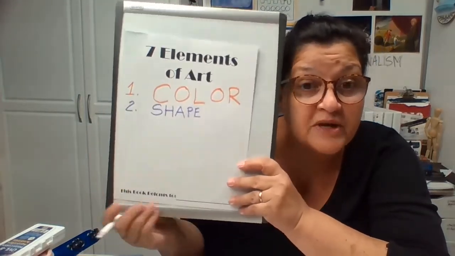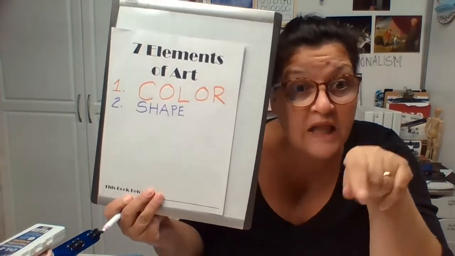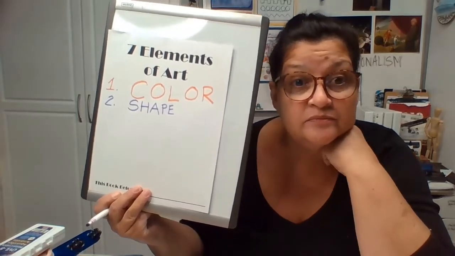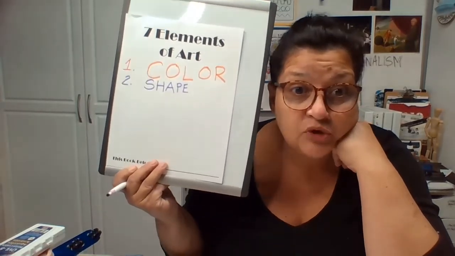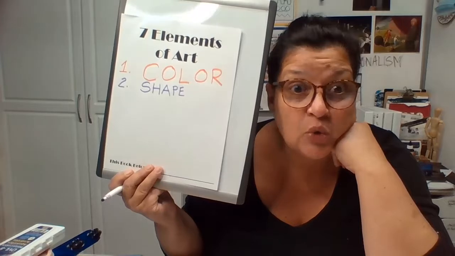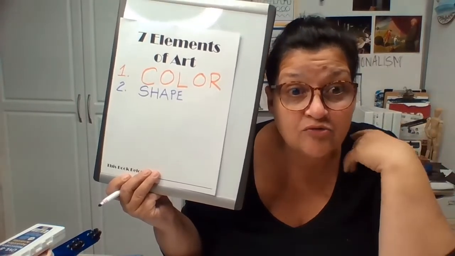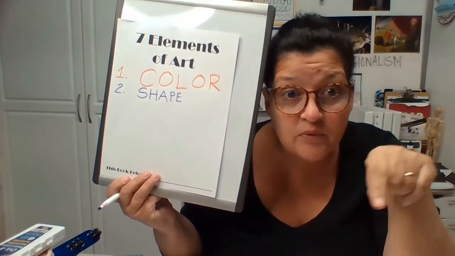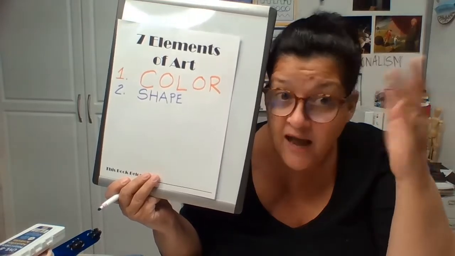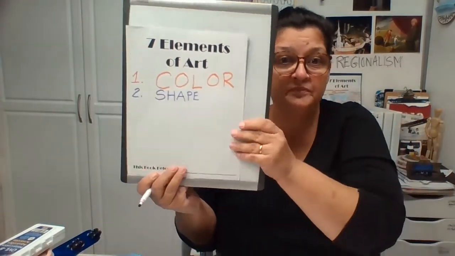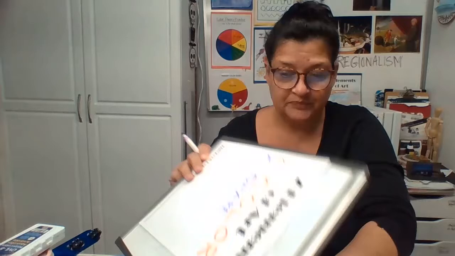And a shape is created when you use a line and connect it. You create a shape. Sort of like circles and squares, triangles and rectangles. They're made with a line, they connect, and they create a shape. Shape is number 2.